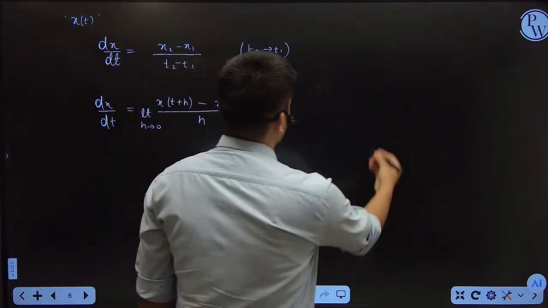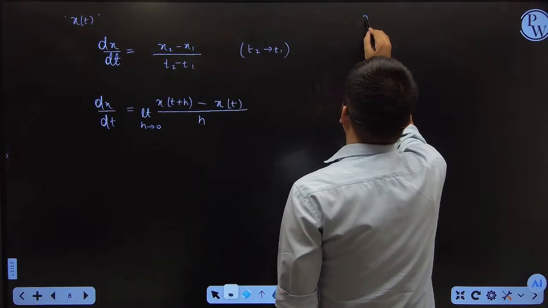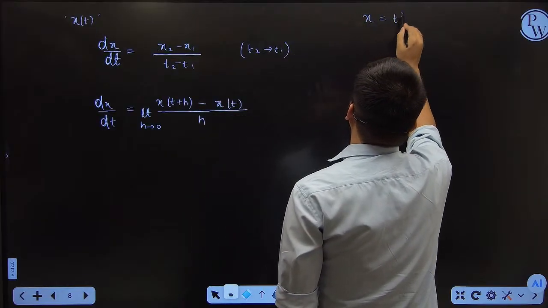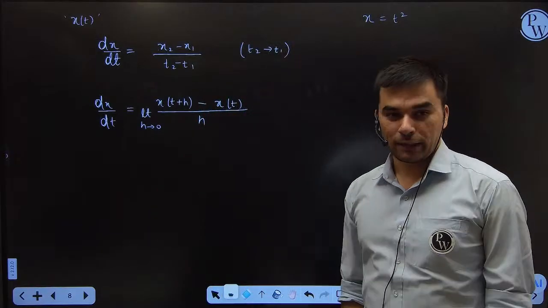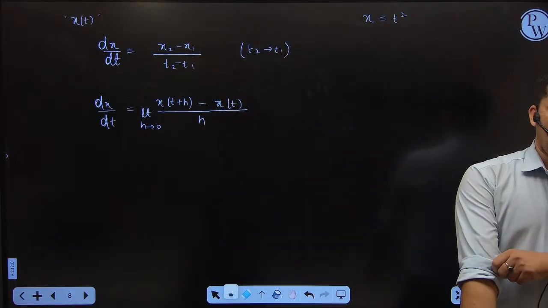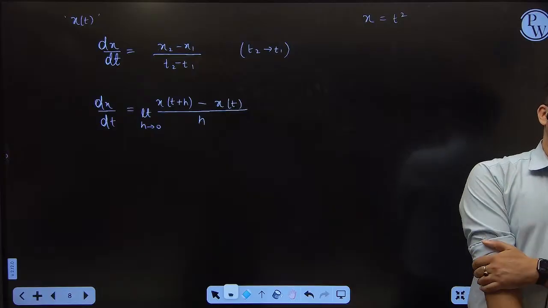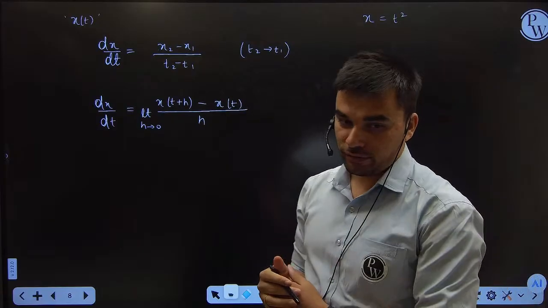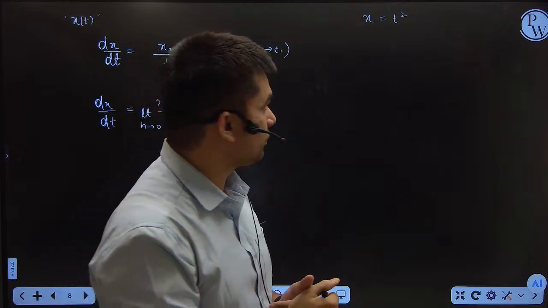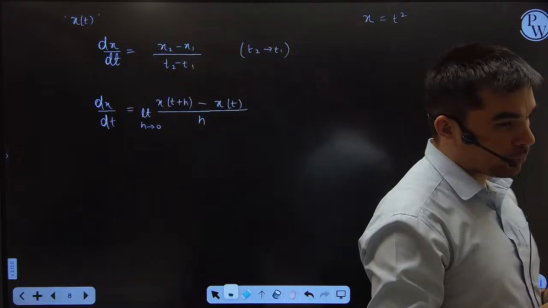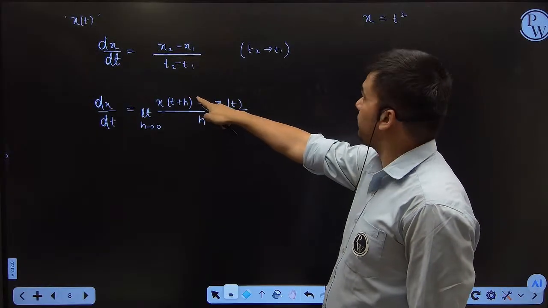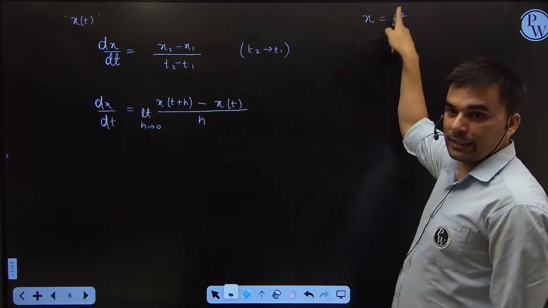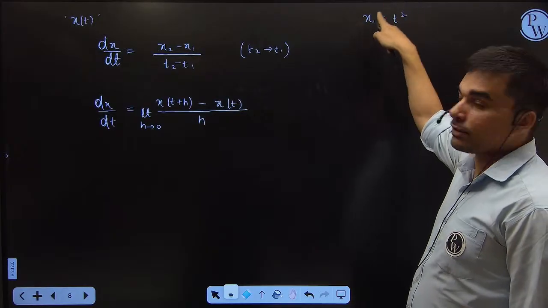So just for the sake of example, let's say if I'm giving you a function like this, x is equal to t square. Can you find out the value of dx by dt in that case using this idea? Use this idea and find out the value of that. As per the definition, what should we do here? x of t plus h, right? What is x of t? t square, isn't it? x as a function of time is given to you.